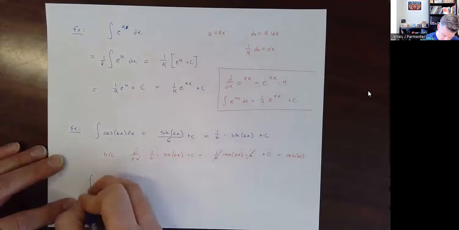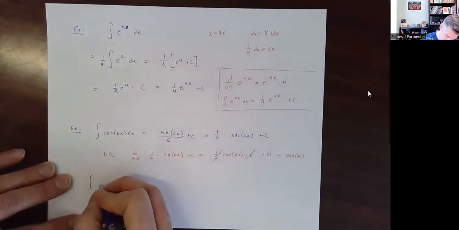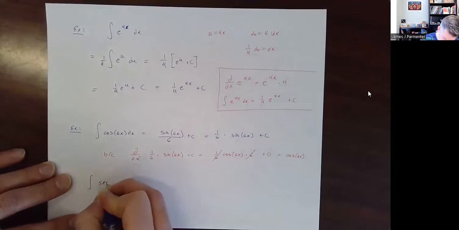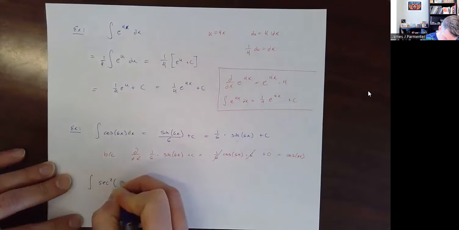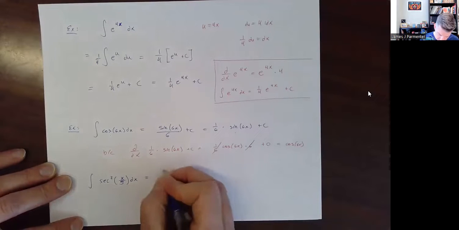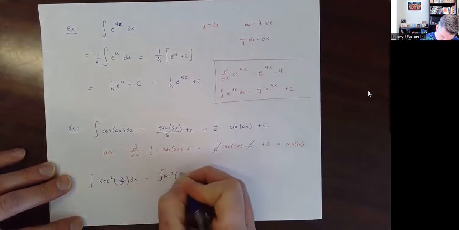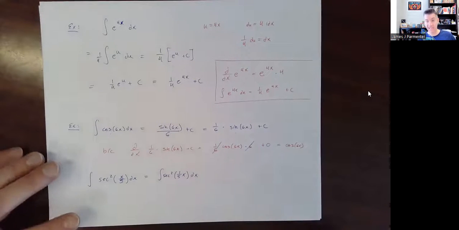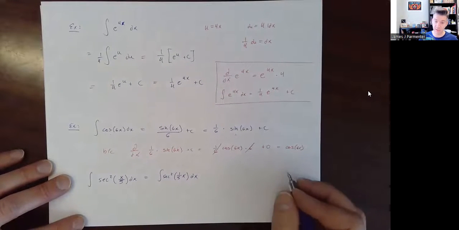Another example could be the integral of secant squared of x over 5, or if you prefer, and I kind of do, the integral of secant squared of 1/5 x. Well, I know the antiderivative of secant squared of x is tangent of x.